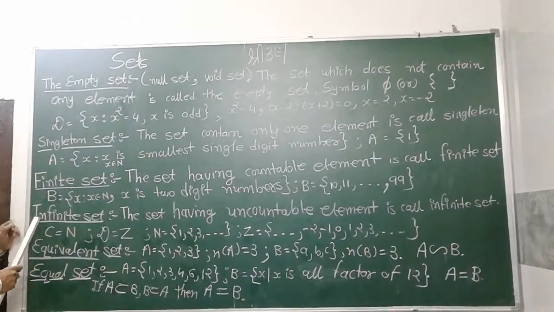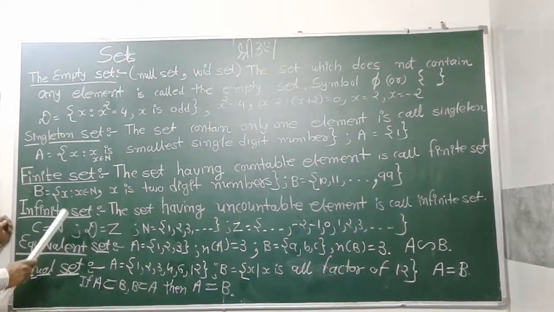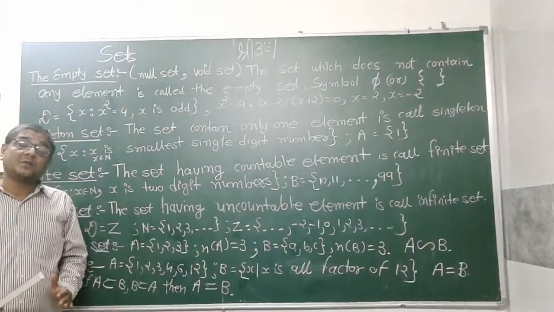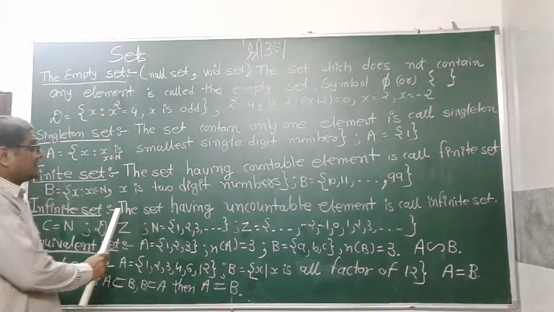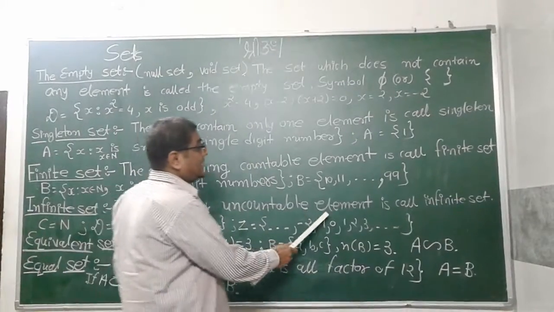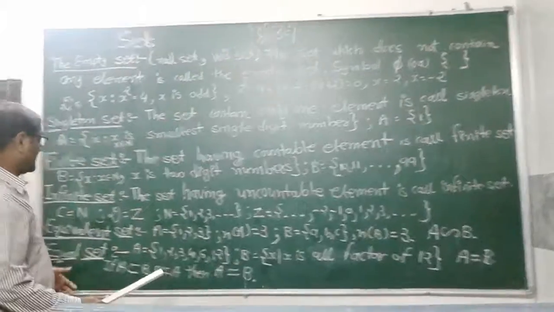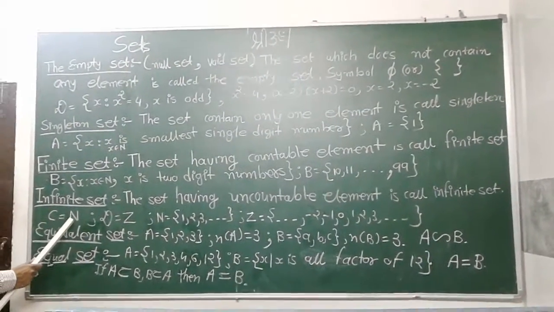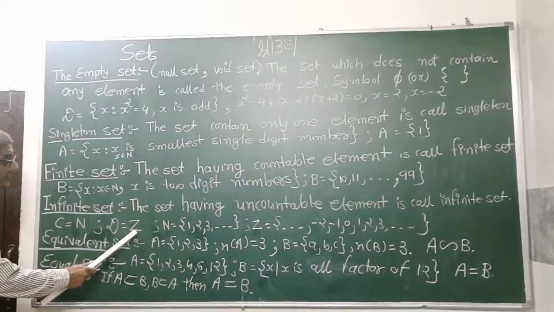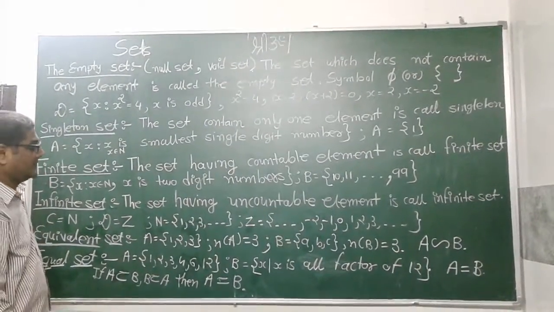Fourth definition, infinite set. Don't say that it is the set which is not finite. You are in 11th standard, you have to give the proper definition. The set having uncountable elements is called an infinite set. For example, later on we will do the set of natural numbers, set of integers, set of whole numbers, set of rational numbers, set of irrational numbers.